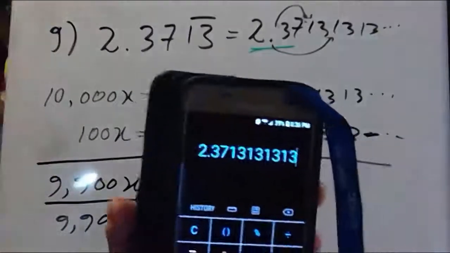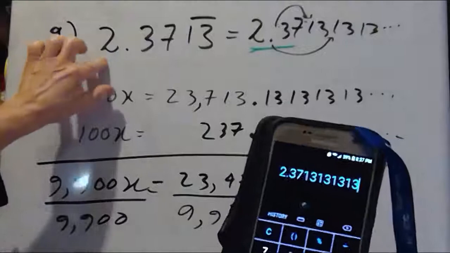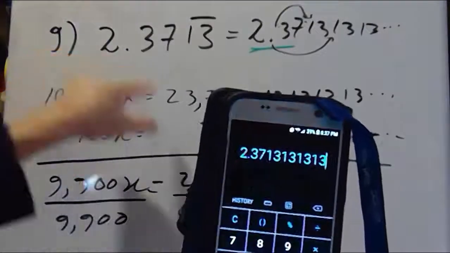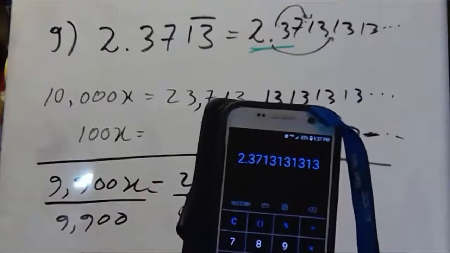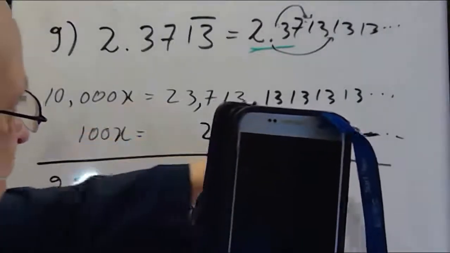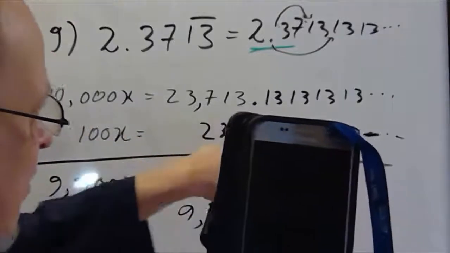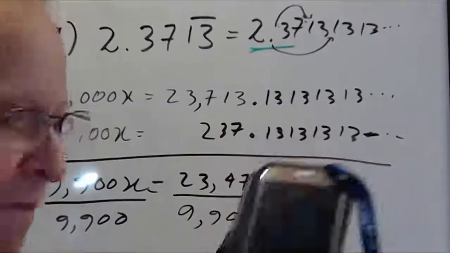And there is my number back again. So as you see here, and on my calculator, I got back my number again. So this is a technique that works all the time in changing decimals where they are repeating.